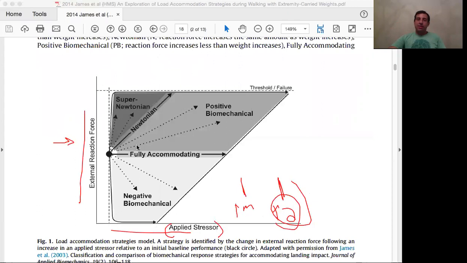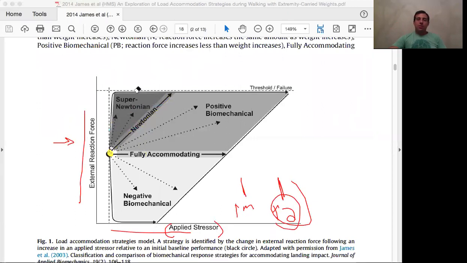I need you to identify that this dot is the body weight condition, that this line, the Newtonian line, is the predictive model from F equals ma, Newton's second law of acceleration. You should be able to say, if I have an increase in mass or an increase in acceleration, I can go onto this graph, go up from the increase to the Newtonian model, and then go over, and it should give me the ground reaction force.